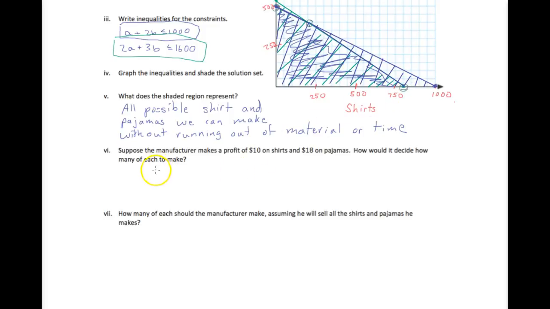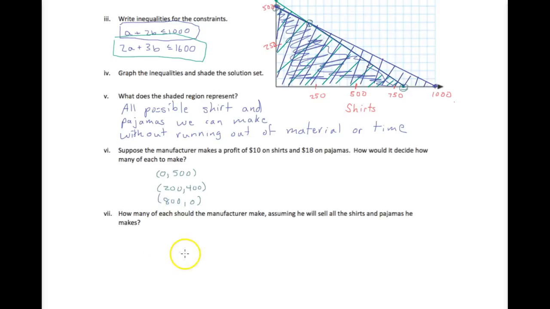So he should either make 0 shirts and 500 pajamas, or 200 shirts and 400 pajamas, or possibly just 800 shirts and no pajamas.